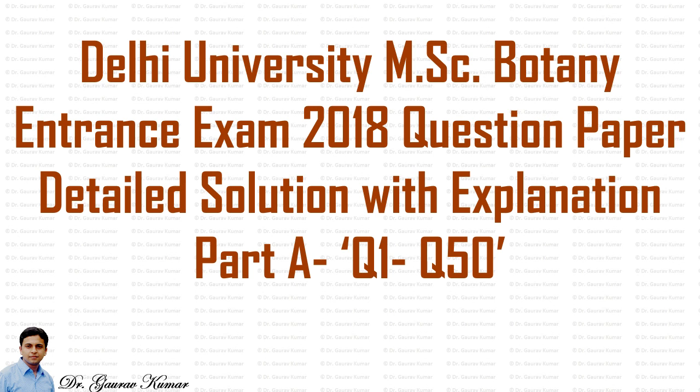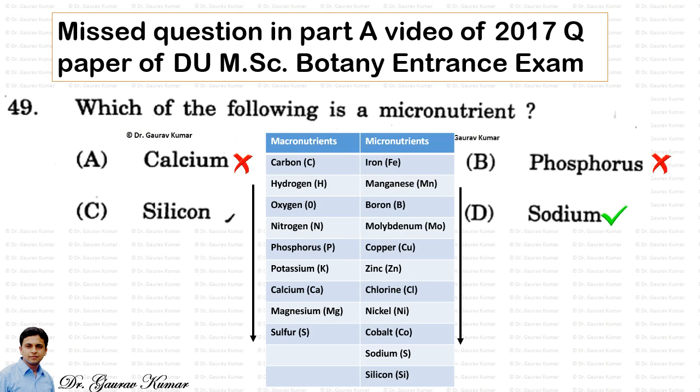Before starting this, I would like to mention that in the previous video, this question was missed in the part A video of the 2017 question paper of DU MSc Botany Entrance Exam. The question was: which of the following is a micronutrient? The answer according to the answer key is sodium, although silicon is also correct.